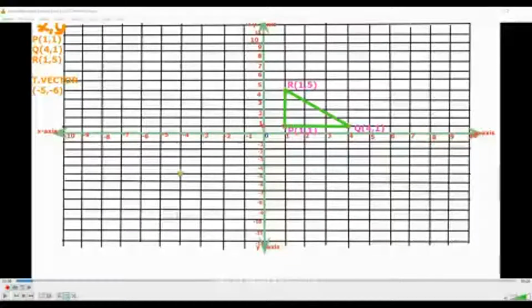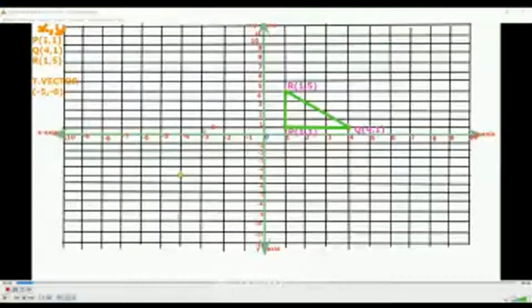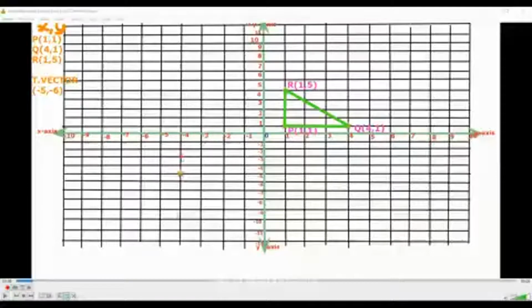The next point will be 1, 2, 3, 4, 5. 5 left and then 6 down. The next point will be 1, 2, 3, 4, 5, 6. That will be the intersection. Okay.